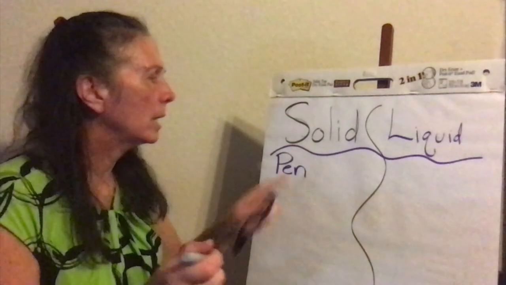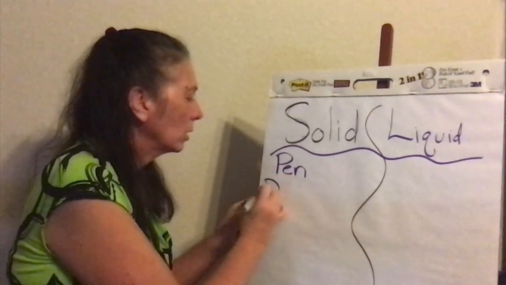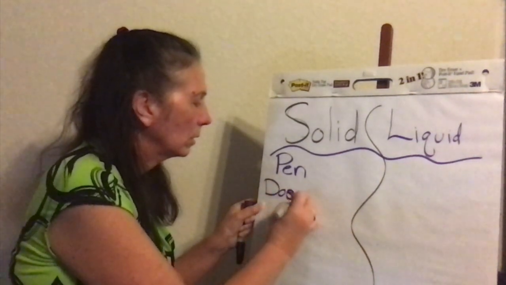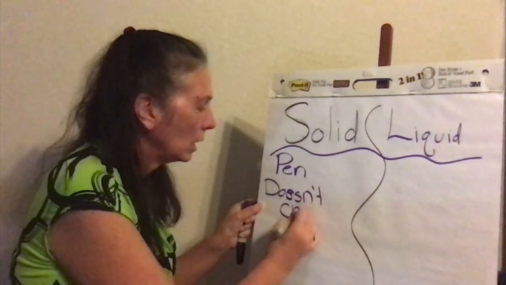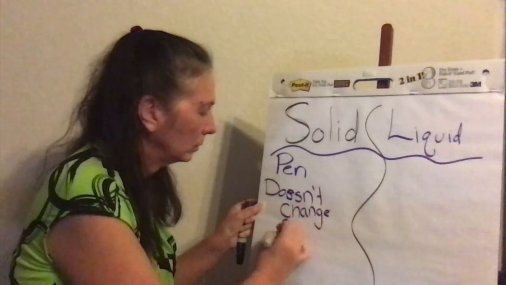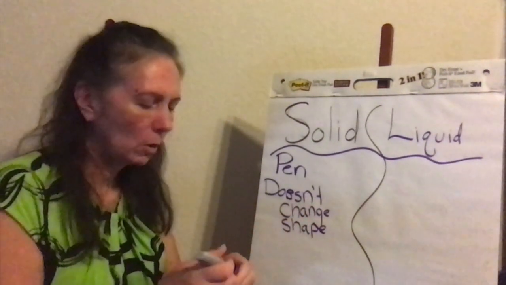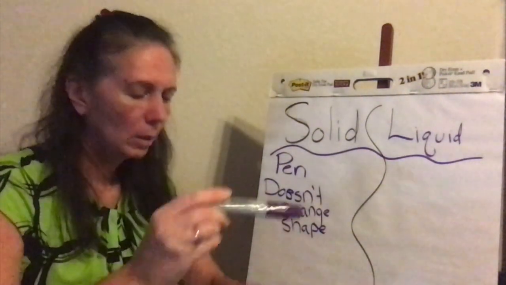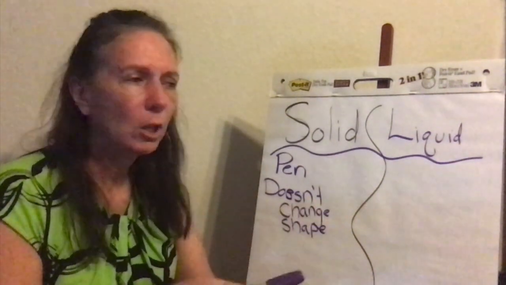So we know that a pen is an example, and it doesn't change its shape. So no matter where I put my pen, on top of my head, or on my hand, it doesn't really change much.